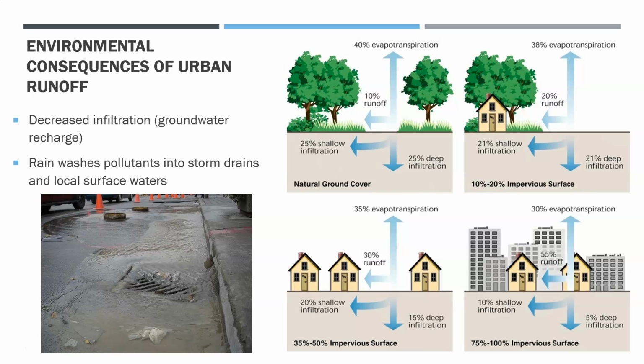First, let's look at the environmental consequences of urban runoff. We've mentioned this a few times, but it decreases infiltration, which is the water falling on the surface getting down to recharge our groundwater.